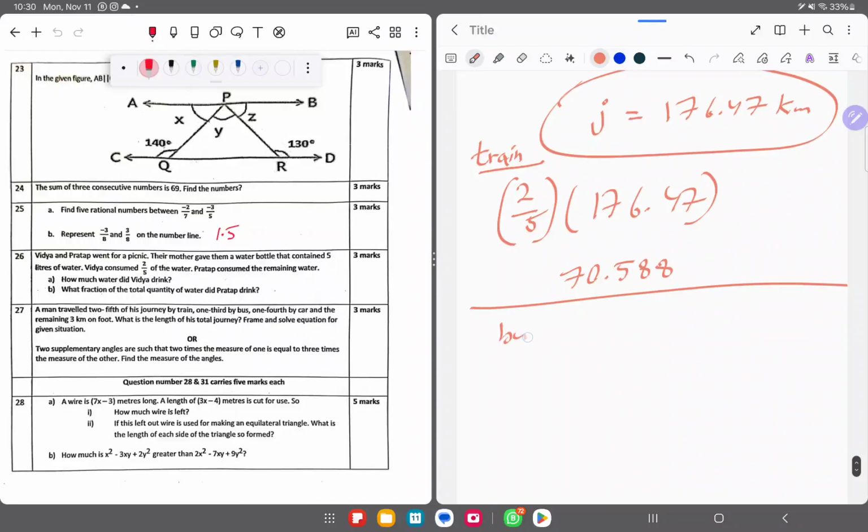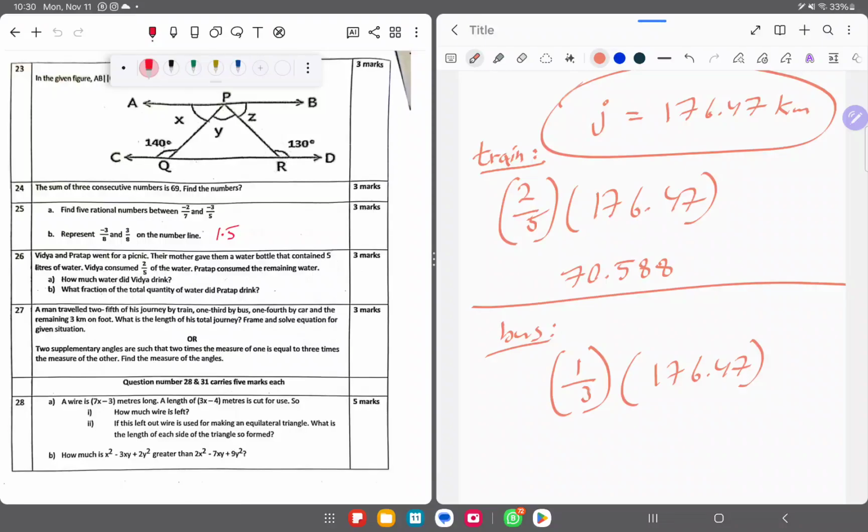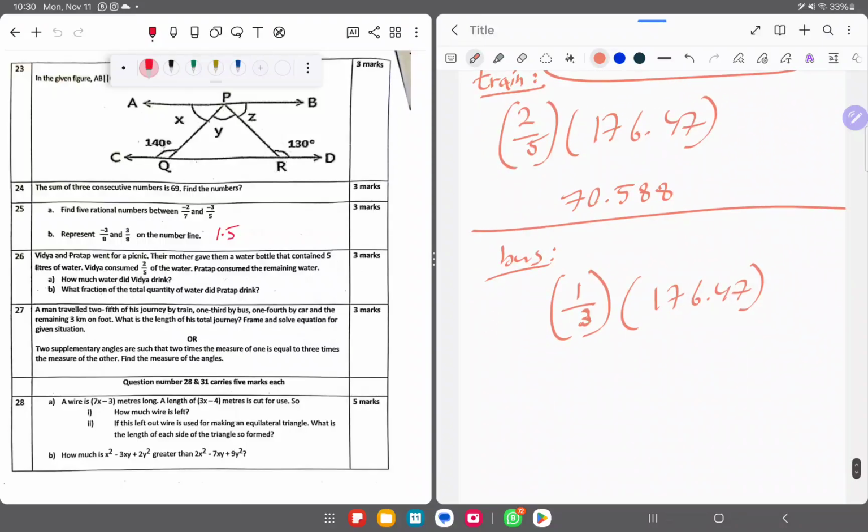Now, the bus is 1/3 by bus, so the bus is 0.333 times 176.47. So 1 over 3 times 176.47, and then we will have 58.76 kilometers.